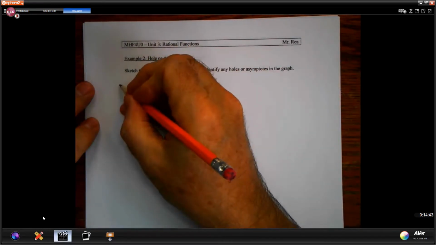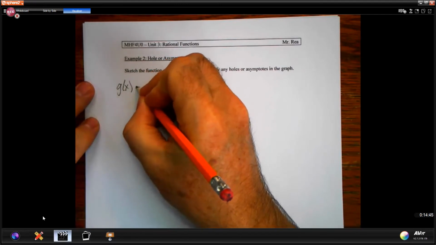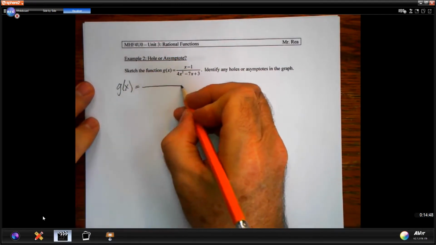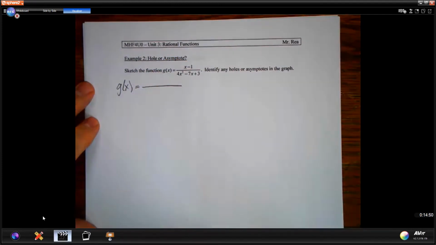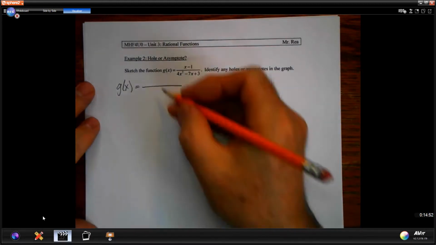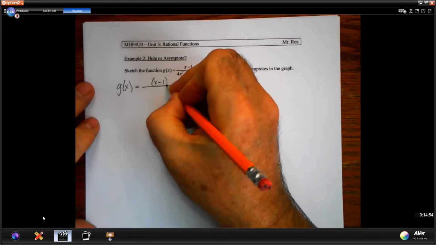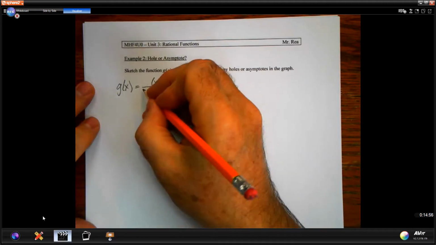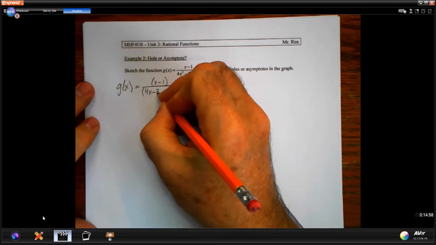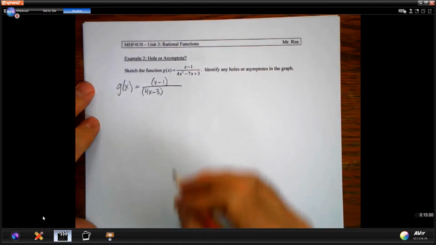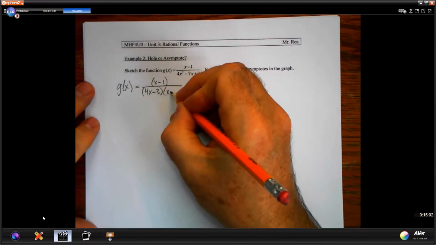So again, first thing we always want to do is factor the top and bottom of my rational function. So in this case, I only have a linear on the top, so that's also a factor. So if I factor the bottom, I get 4x minus 3 and x minus 1.